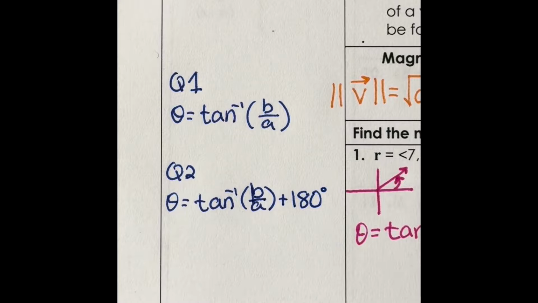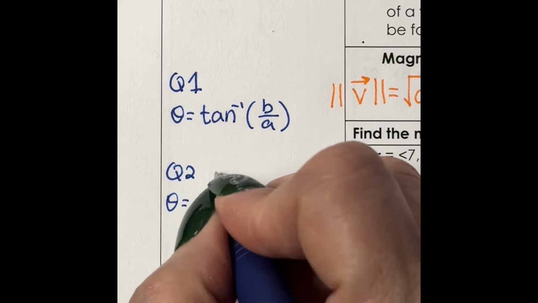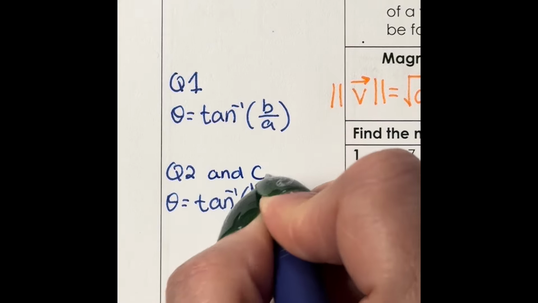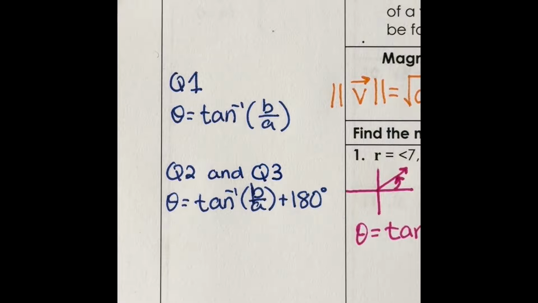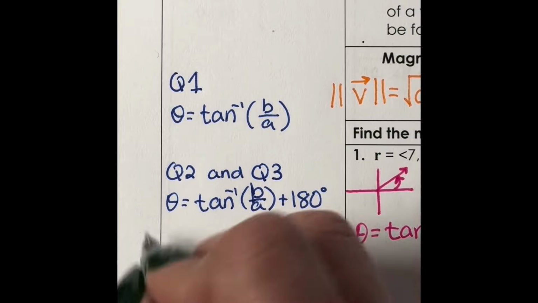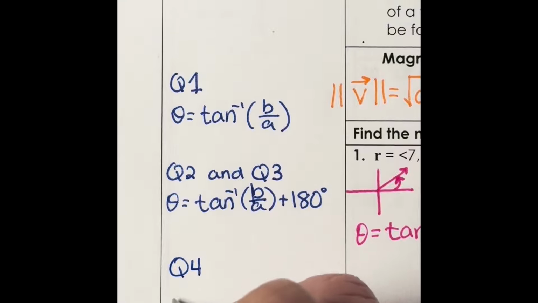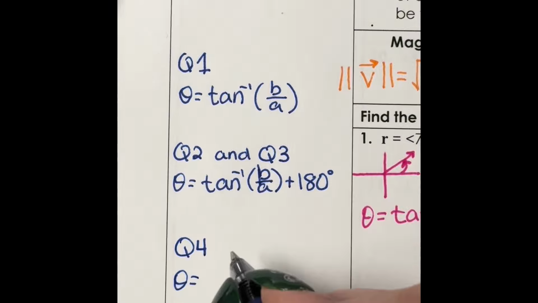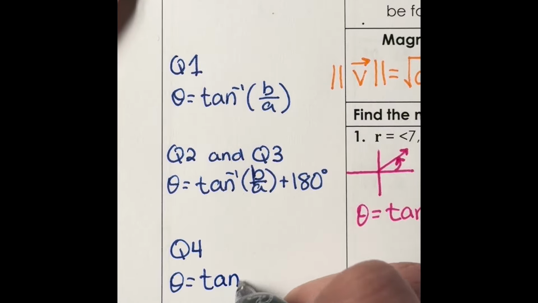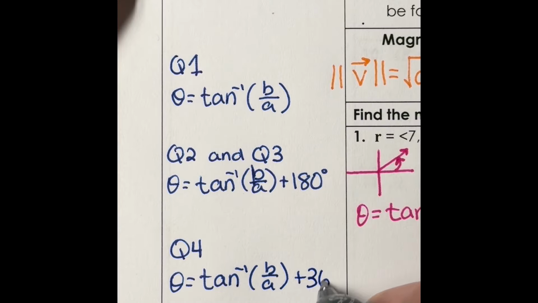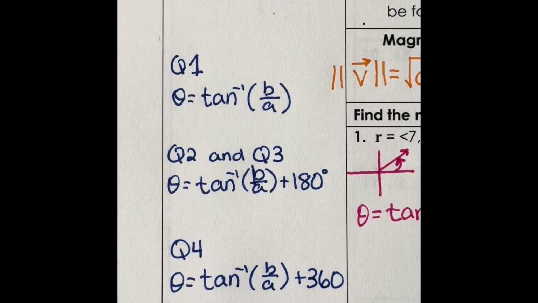Now, I'm going to make a little bit of a shortcut here, and I'm going to say quadrant 2 and quadrant 3, because we did the same thing in both of those. And then in quadrant 4, to find theta, we're going to take the angle that we found, inverse tangent of B over A, and we're going to add 360. Okay, so that is our little shortcuts that we're trying to remember as we're finding the different angles.